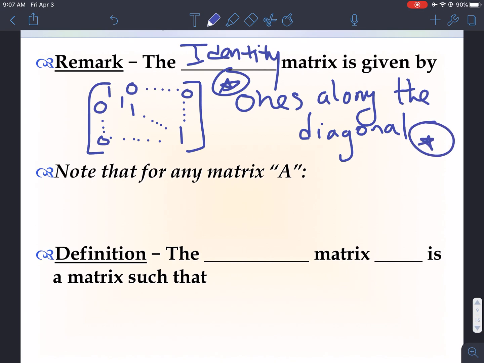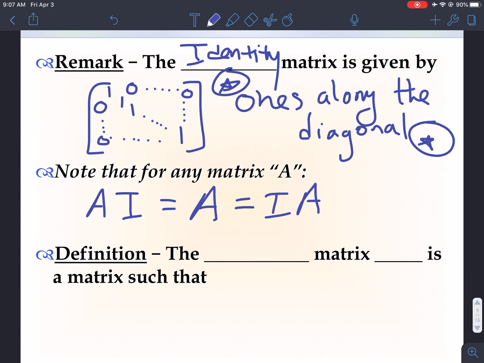Note that any matrix A multiplied with its identity matrix will give you the same matrix. And that will also be equal to that identity matrix multiplied with the matrix A.